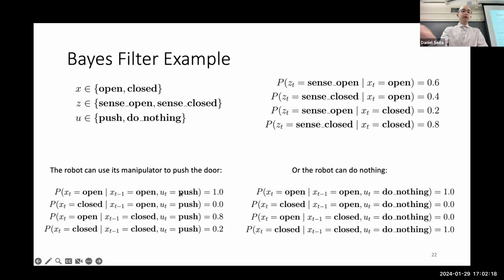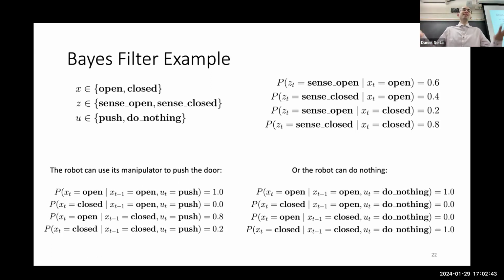But when we consider the transition dynamics, this was assuming that the robot pushes. We also have to assume that the robot could do nothing. In that case, the true transition dynamics could be something like this. If in the prior time the door really was open and the robot did nothing, then it stays open, which seems reasonable.